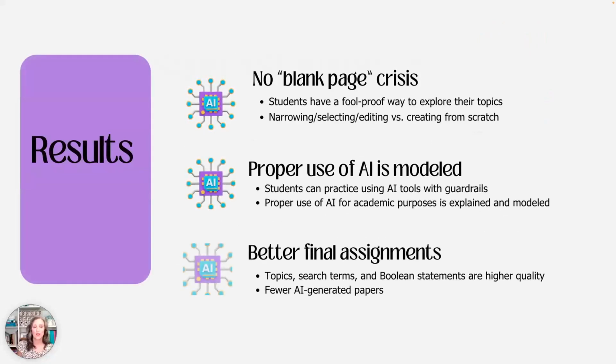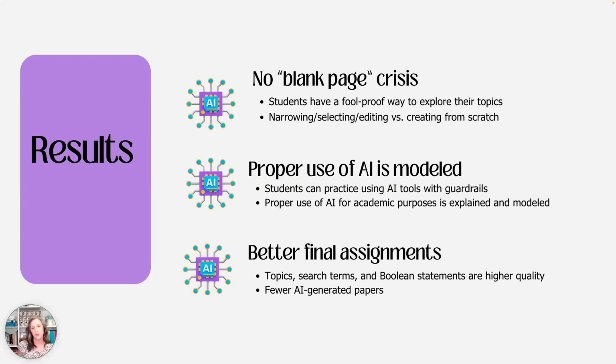The results with my 3 classes this semester have been outstanding. The students have much less anxiety about starting the process, and they get more personalized coaching from AI than I could ever give them one-on-one. I create and share videos showing them the proper use of AI for academic purposes. It gives them an opportunity to practice prompting AI in a way that's not asking the tool to write a paper for them.